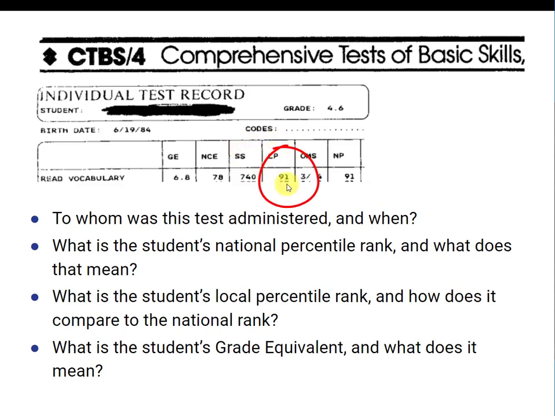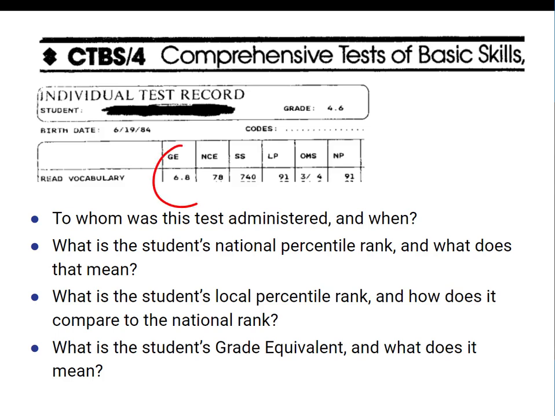They also have a 91% percentile rank. That means that as compared to local schools or local test takers, that student scored as well or better than 91% of all test takers. All we can really say is that when we look at the local percentile, the student is doing much better than most of the people in his local group, and the student is doing much better than most of the people nationally. So whether they're related or not, we can't really say.